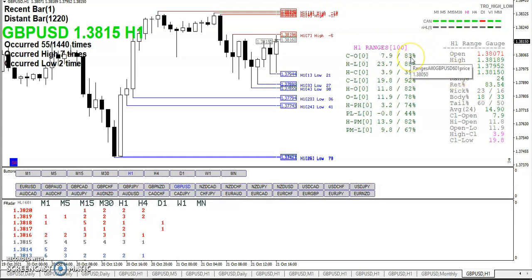Close minus open, we're at the 83. So this has definitely been a lot of price action, a lot of movement this hour. You see we broke out of a previous high by 3.2, but we missed the previous low by 0.8.